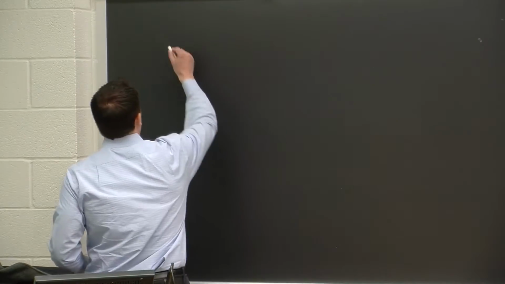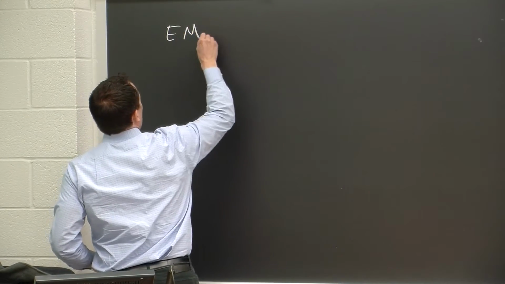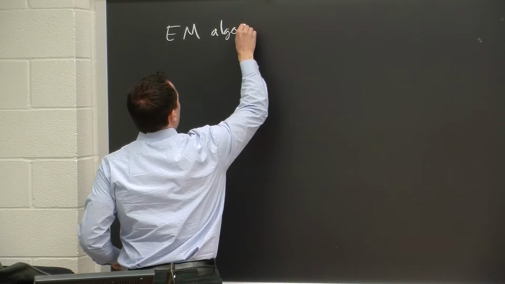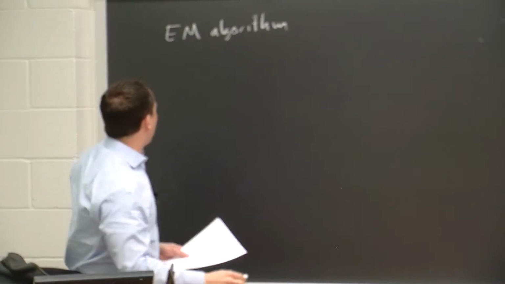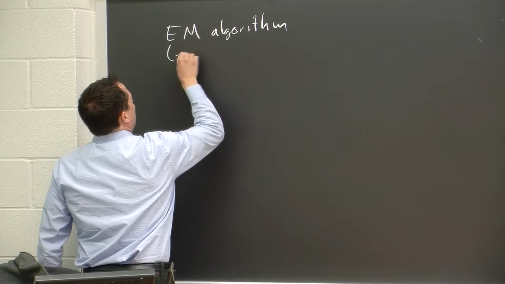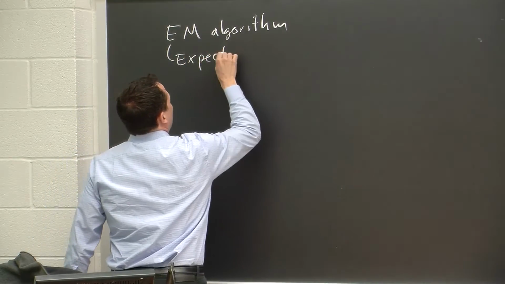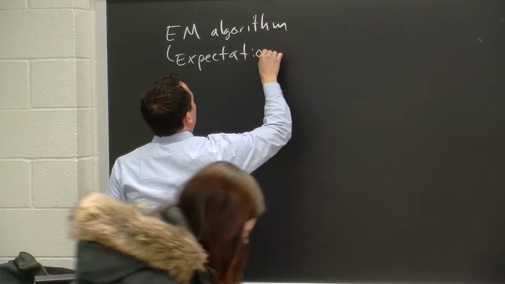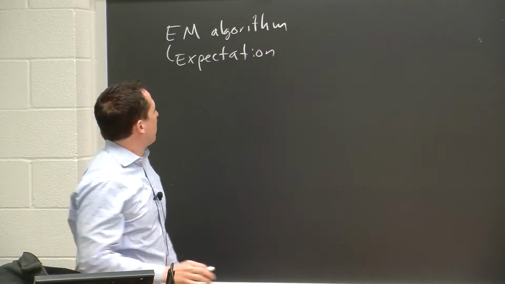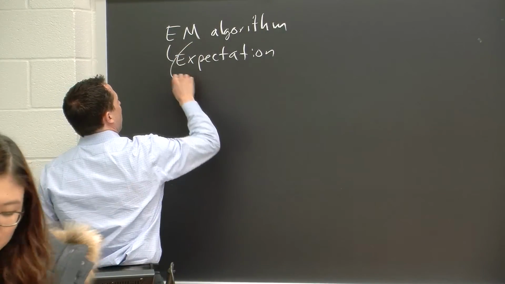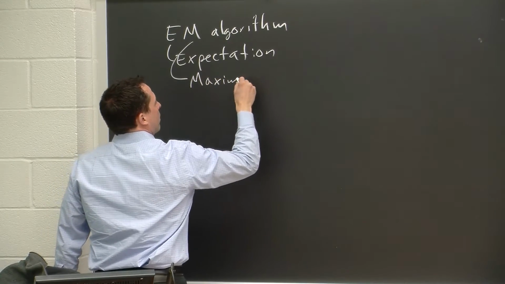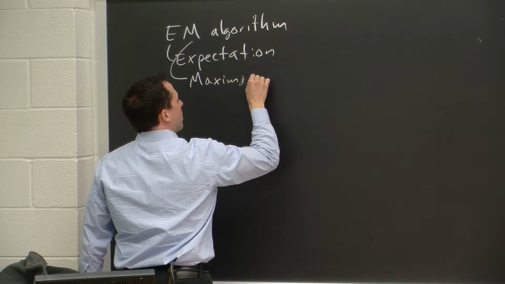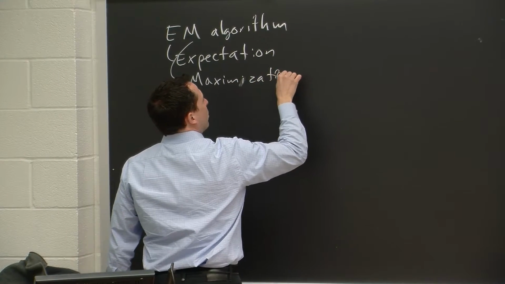So the EM algorithm, remember the E stands for expectation. We fill in the missing or latent data that we expect to be there. And the M stands for maximization, using that kind of imputed data.